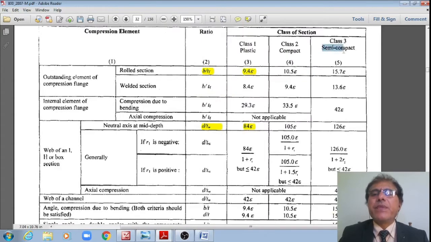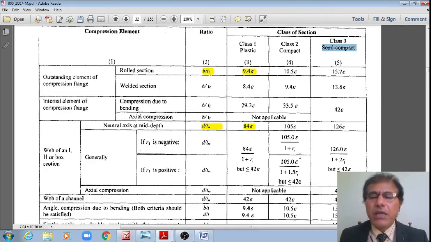That indicates that the section is not semi-compact. It is greater than 15.7, means the section is a slender section, for which a part of that area is ineffective. Therefore, now I'll calculate how much of the area is ineffective.